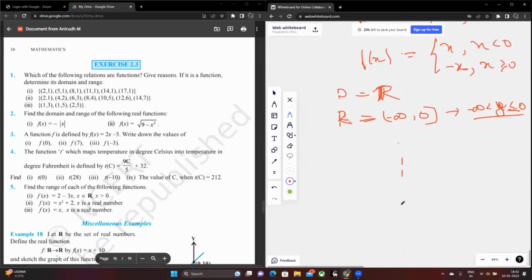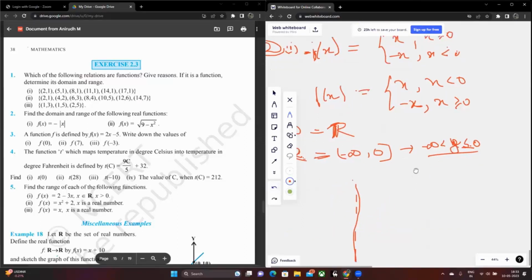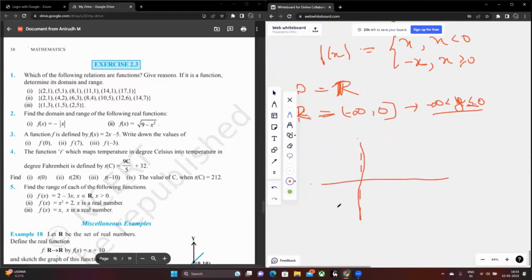I'm going to show you how to graph it also. First of all, you know the graph of mod x, that is like this. This is for mod x. But we have to show the graph for minus mod x. Minus mod x is basically going to be the reflection of mod x about the x-axis, because that's what a minus sign signifies.